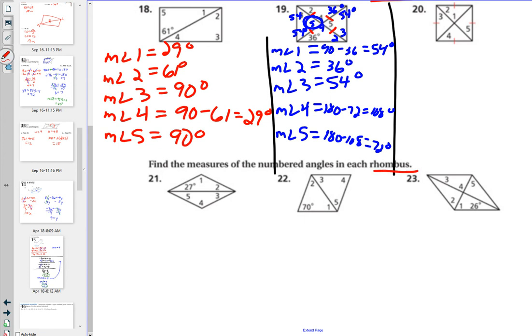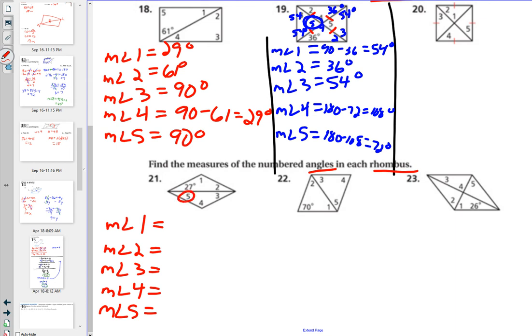So if they told us that this is a rhombus, the angles of a rhombus, 5 we can find out right away. How much is 5? 27. Yeah, 27.